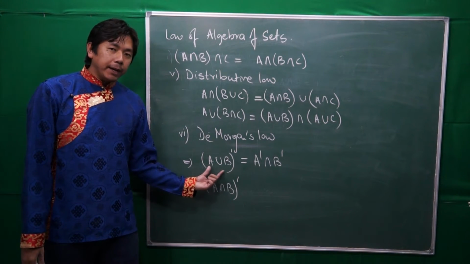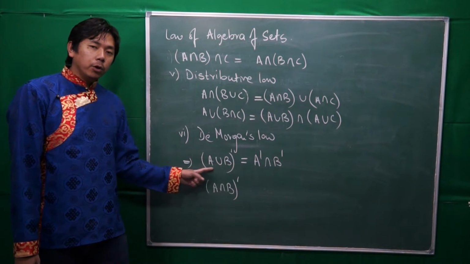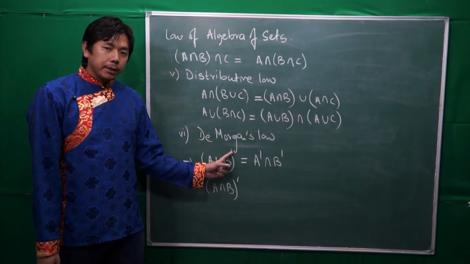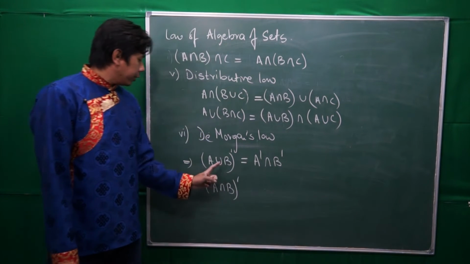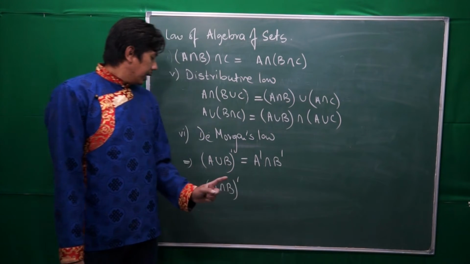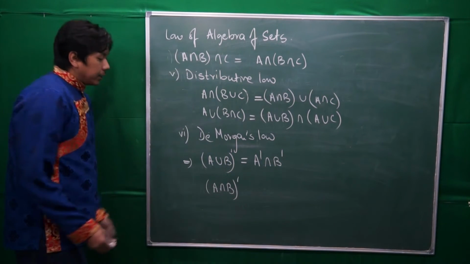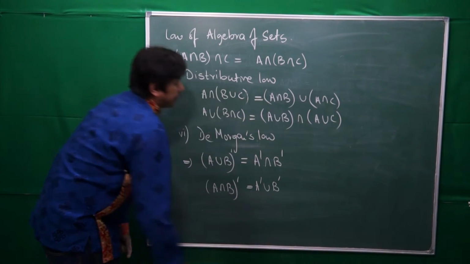First you are finding the union of A and B, and then you are operating a complement on the whole operation. So after union, a complement. Now this is equal to A complement intersection B complement. The union turns into intersection and the complement is distributed to A and B. Same thing in intersection, we have A complement union B complement.